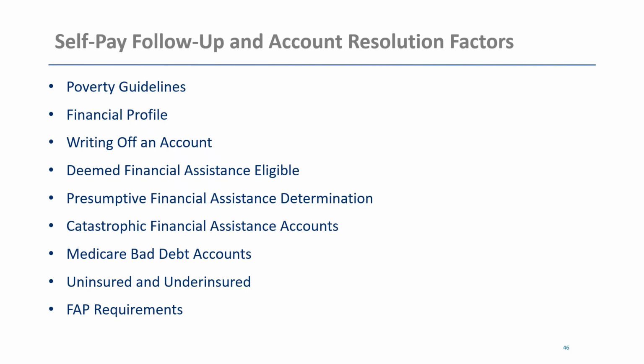Medicare requires that patients be pursued for a minimum of 120 days, after which they may be referred to a bad debt agency. Current Medicare regulations provide bad debt reimbursements to hospitals to compensate for uncollected Medicare beneficiary self-pay balances.